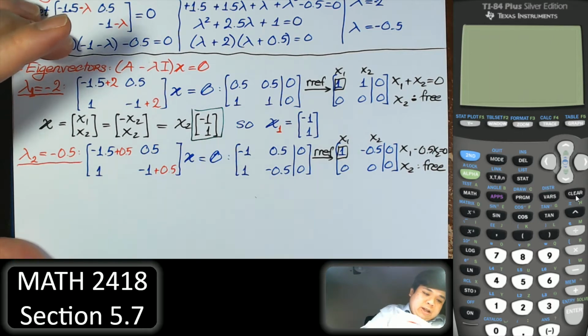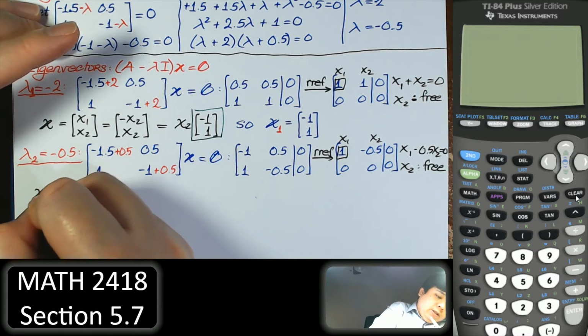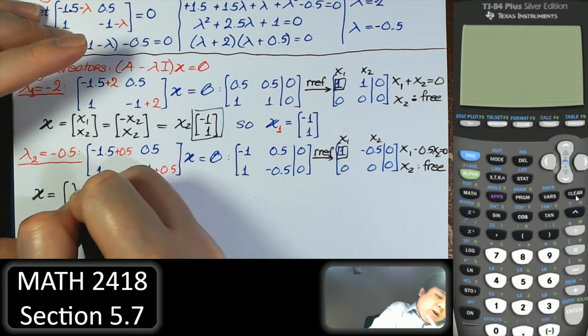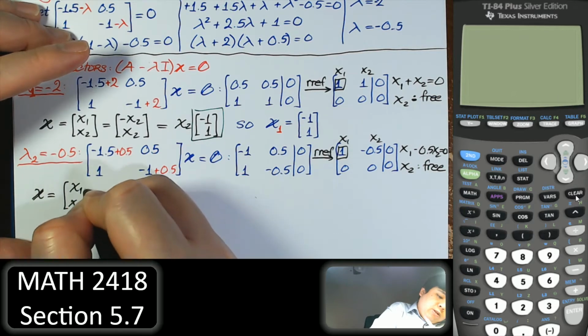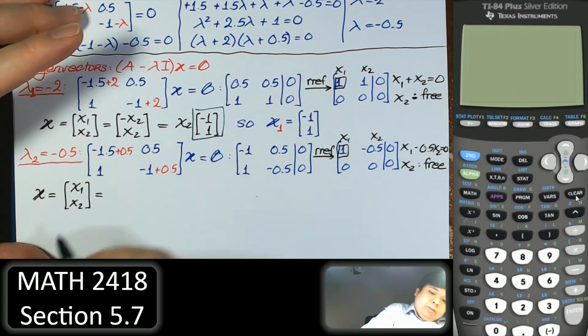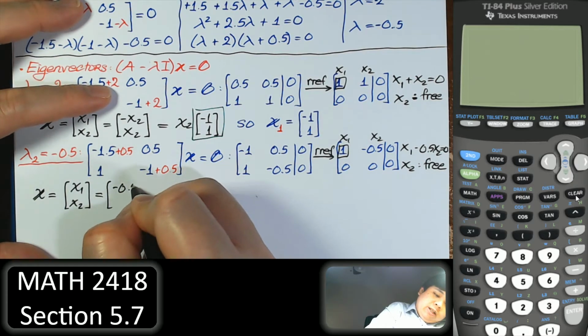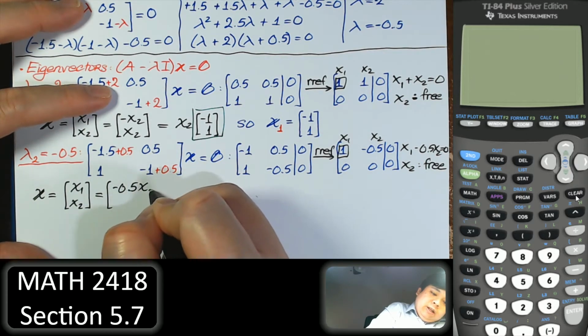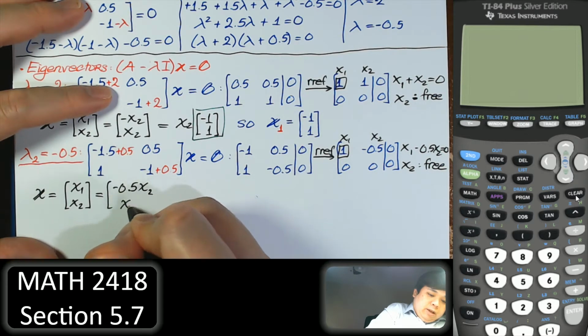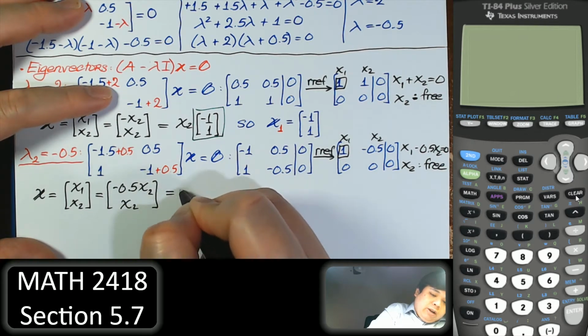So we have x equal to x1, x2, and negative 0.5 x2 is equal to x1, and then we have x2. Factor out x2.